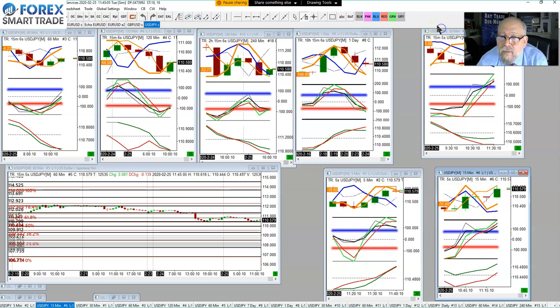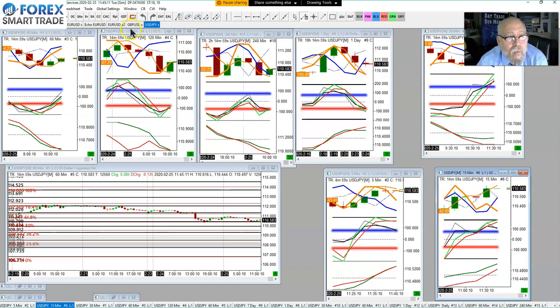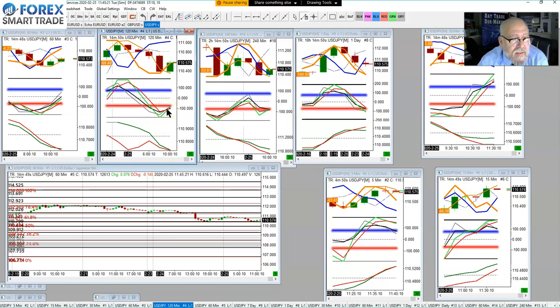And the 30-minute, I've got green on top turning up, we're overbought. On the 120, we've got down pressure with green on top, and we've got the majors and minors all pointed up, double crossed, and ready to enter the channel.